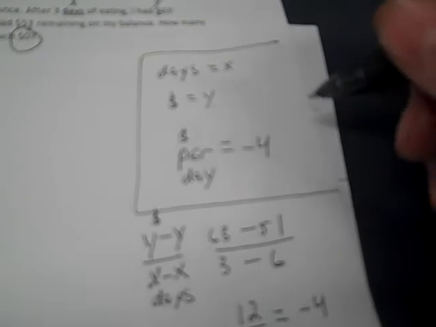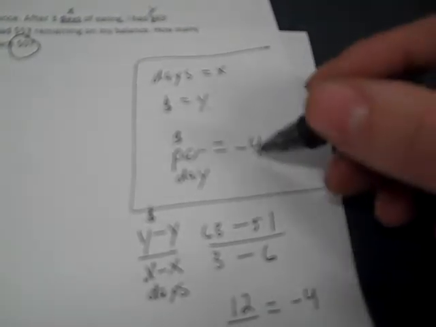Now the reason it's negative is because every day my lunch account goes down, okay? I fill up my account, and then when we fill something up, it goes down, so by $4 a day. Okay, so we know negative 4 goes here. And then, since I figured out the $4 myself, I need to figure out the beginning amount myself.